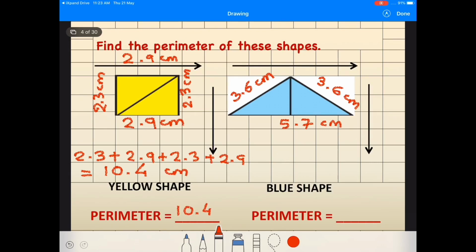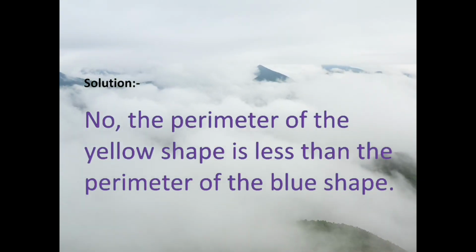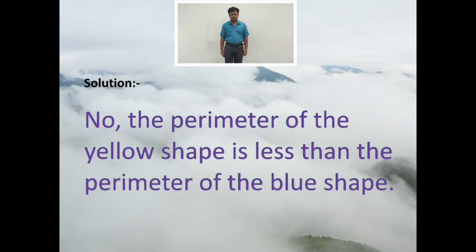Then the perimeter of the blue shape: 3.6 centimeter plus 3.6 centimeter plus 5.7 centimeter is equal to 12.9 centimeter. So the answer is no. The perimeter of the yellow shape is less than the perimeter of the blue shape.